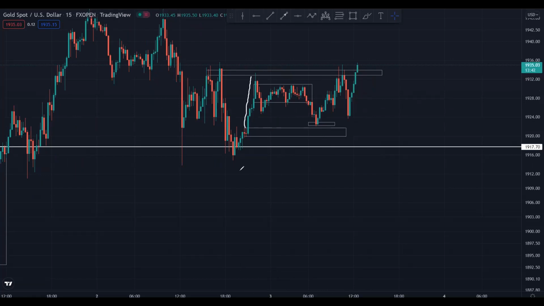This move alone is able to tell you that banks had to use a lot of money in order to push the market up, because it takes about $100,000 to push the market by 1 pip. So if these guys are trying to push the market by 10 pips, they will need $1 million. Now imagine this is gold. How much money did these guys use moving the market up to that level of supply?